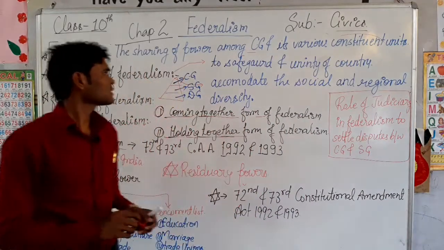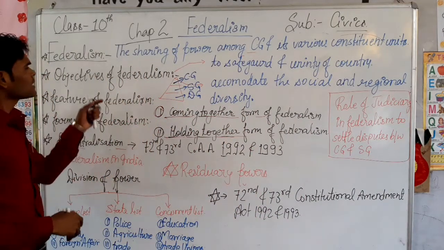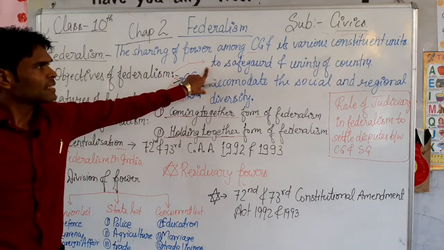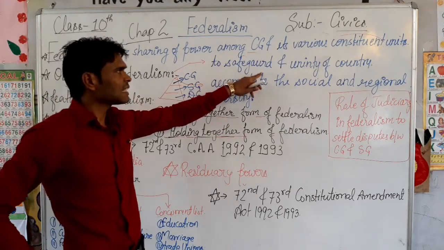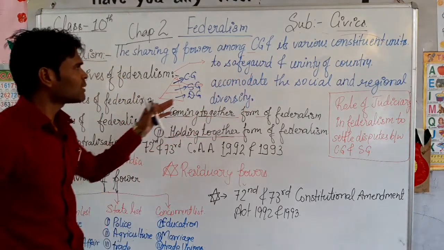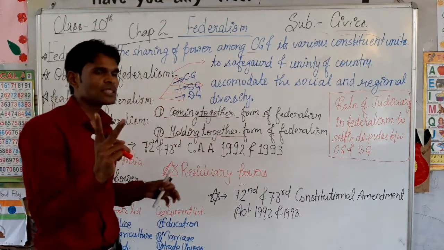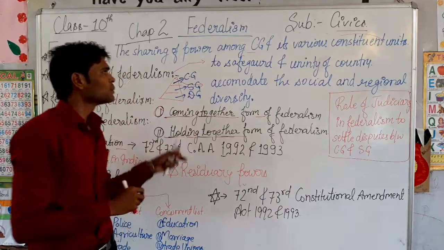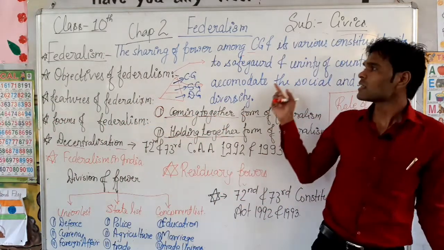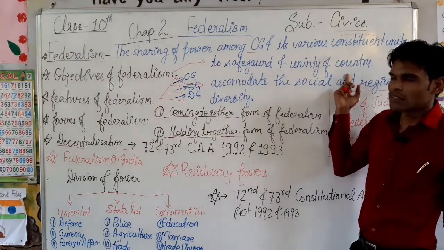So these are the topics that we are going to cover today. Now, the next topic is the objectives of federalism. The objectives of federalism are to safeguard the country and to promote unity among the country. You have to learn it very carefully. There are two objectives: one is to maintain the safeguard of the country, and another is to promote unity of the country.